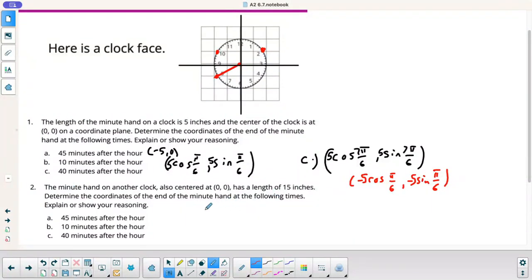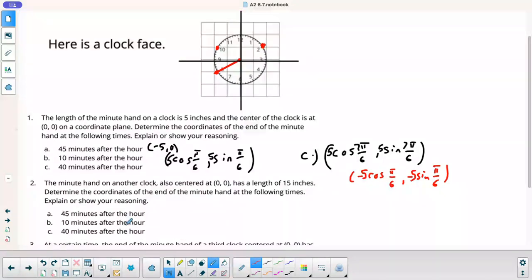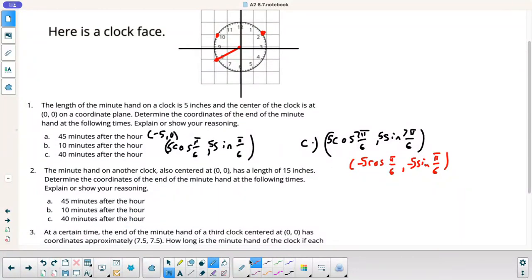So the next one, everything's going to be the same, except I put a 15 in front of everything. So for A, 45 minutes, it's going to be negative 15, 0. 10 minutes after, it's going to be 15 cosine of pi over 6, 15 sine of pi over 6.